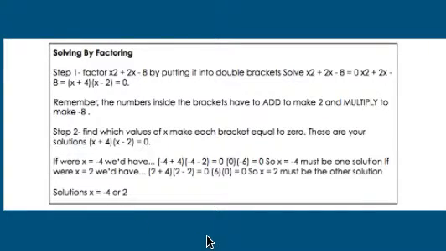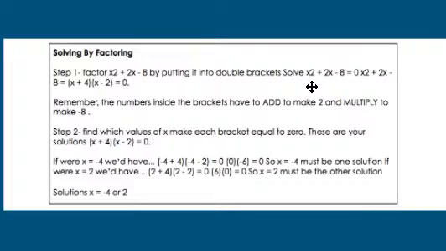These are the steps to solve an equation by factoring. Step 1, we're going to pretend that we're factoring x squared plus 2x minus 8 by putting it into double brackets.